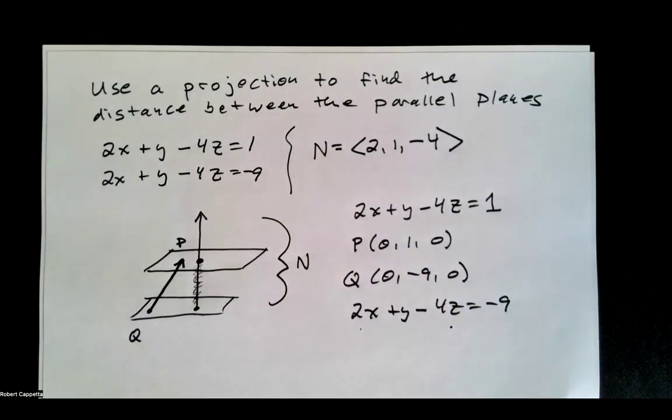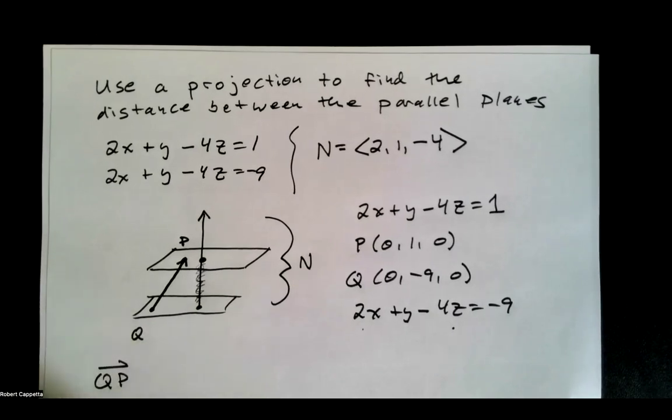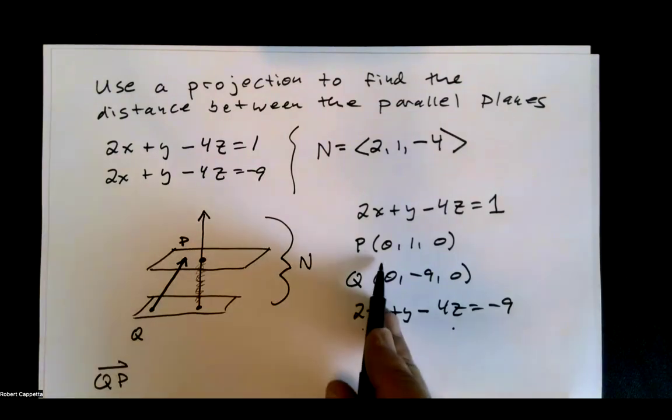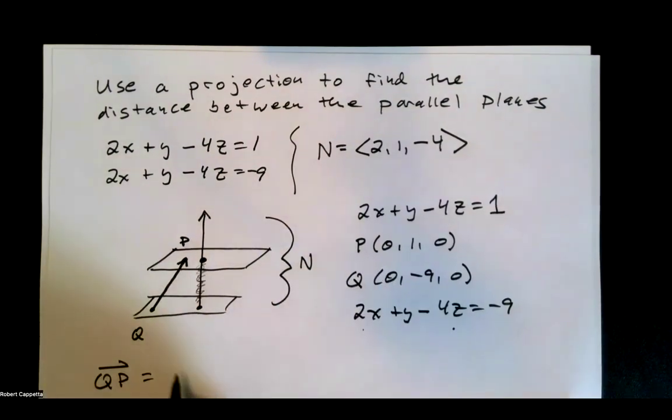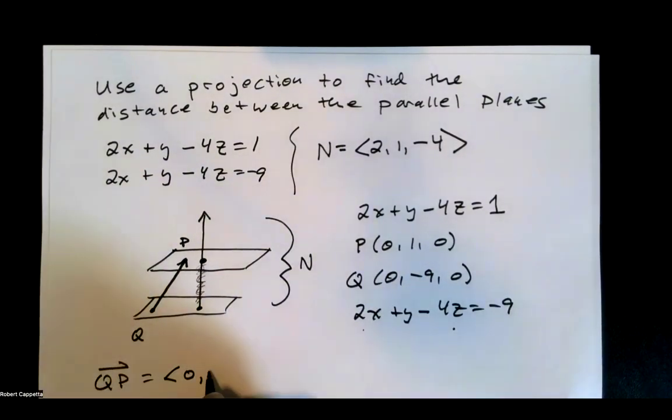So if I'm thinking about vector QP, starting at Q, ending at P, what is vector QP? QP will be from 0 to 0, the change in x is 0. From negative 9 to 1, that is up 10.